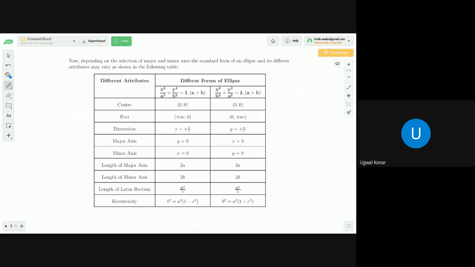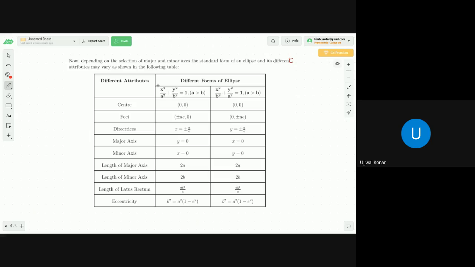So here it is, that depending on the selection of major and minor axis, the standard form of an ellipse and its different attributes may vary as shown in the following table.